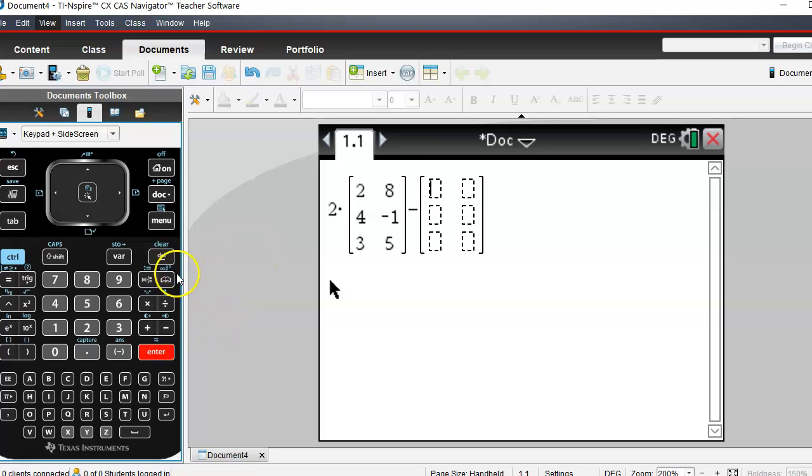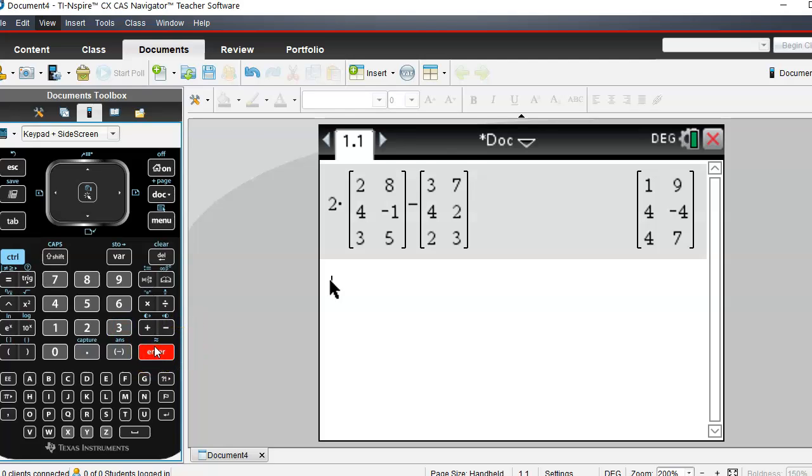Okay, 3 tab 7 tab 4 tab 2 tab 2 tab 3, enter, and yes, same answer.